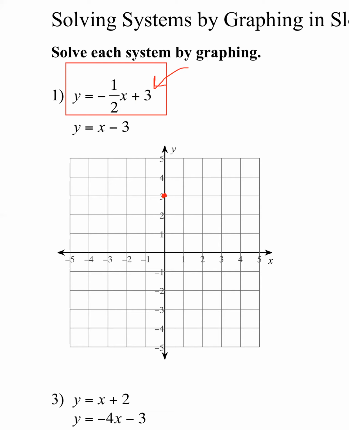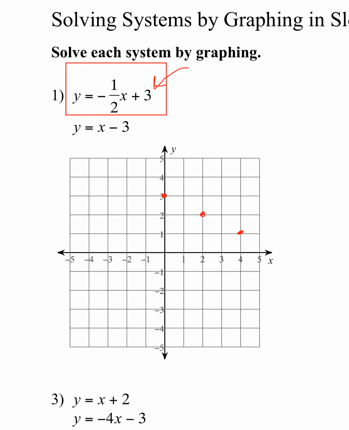In this case, the slope is -1/2. So remember what that tells me to do from the point that I just made. I'm going to go down 1 to the right 2, and put another dot, down 1 to the right 2, and put another dot. Since we're doing this digitally, it's going to be really hard to draw straight lines, so I like to make the dots all the way along.